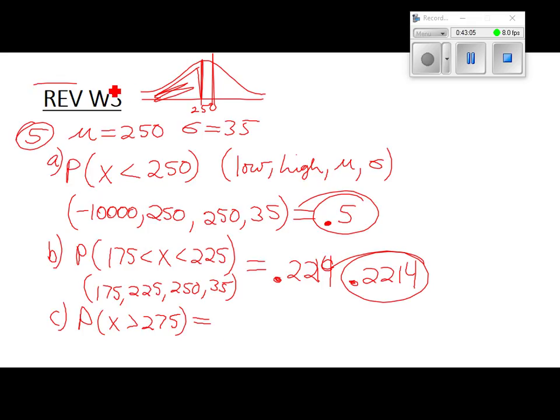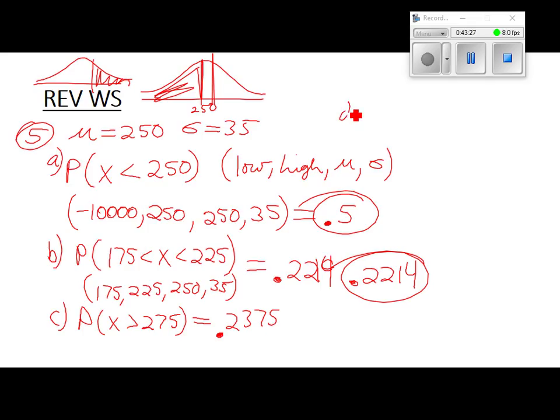Because we want the area more than 275, so somewhere over there. What did it come up to? 0.2375. So about 24% of the bills will be more than 275.